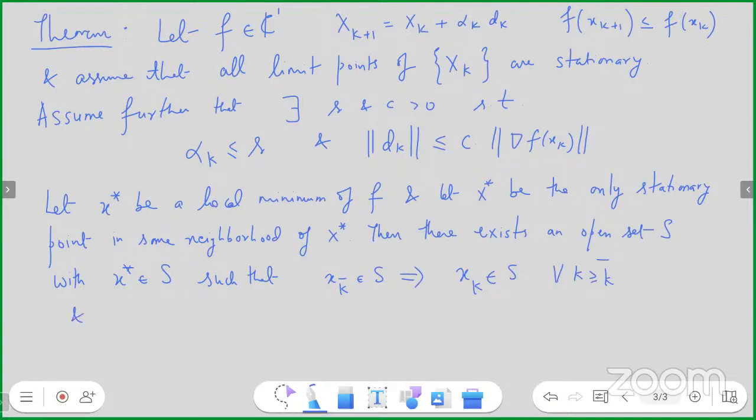And x k converges to x star. Slightly longish statement, but let's slowly parse it.